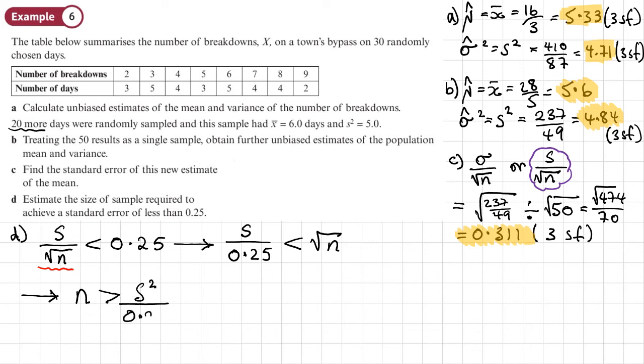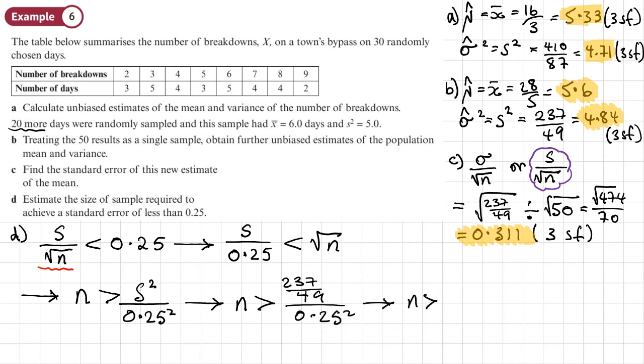Now we know S, or we worked it out in a previous section, and I'll use the exact value here for the sample size of 50, 237 over 49. So I've got 237 over 49, that's S squared, divided by 0.25 squared. Let's put this on our calculator and see what we get.